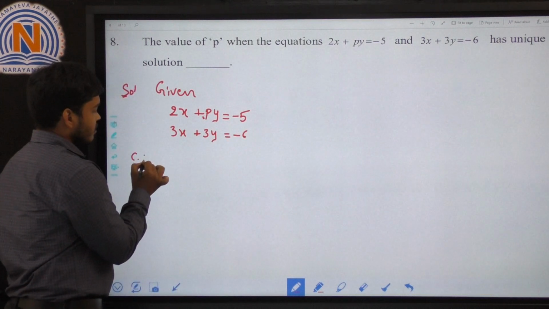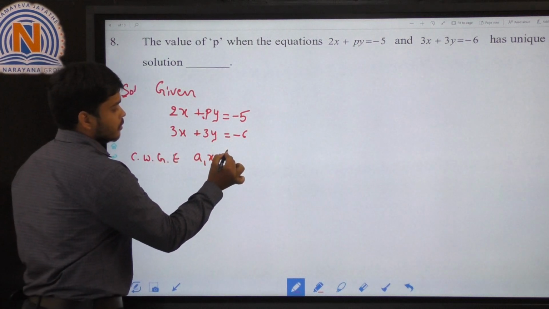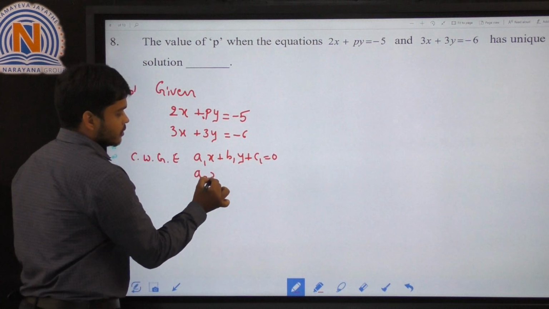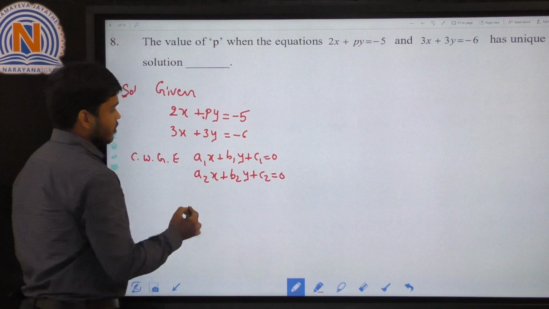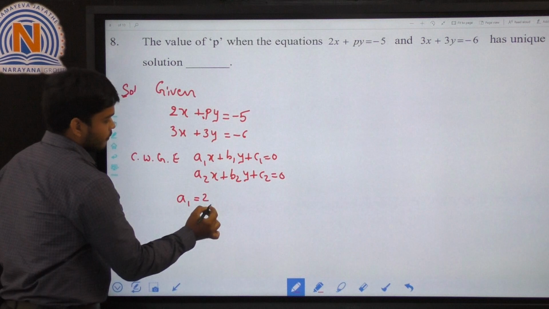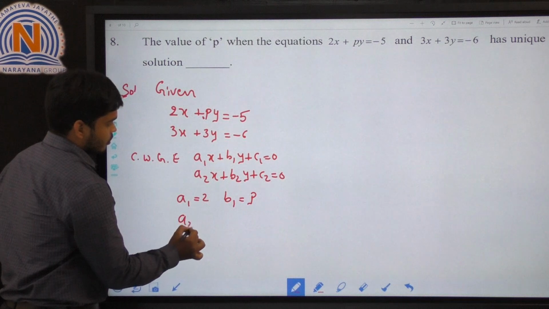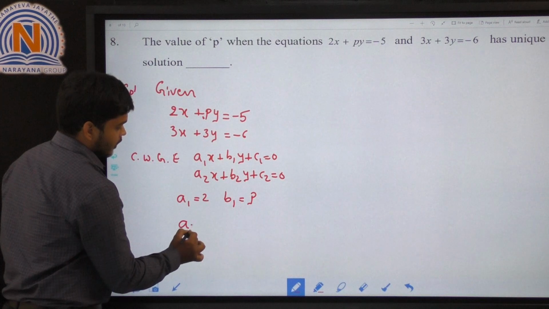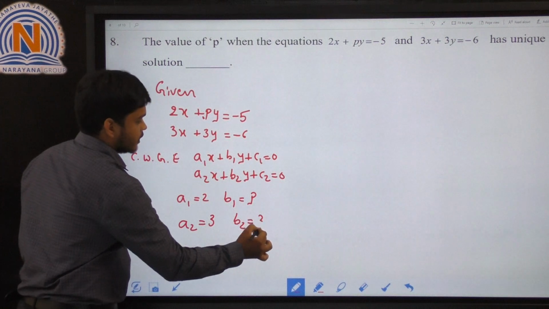So compare with general equations, a1x plus b1y plus c1 equals to 0 and a2x plus b2y plus c2 equals to 0. So write the coefficients of x and y. a1 is equals to 2 and b1 is equals to p, and a2 is equals to 3 and b2 is equals to 3.